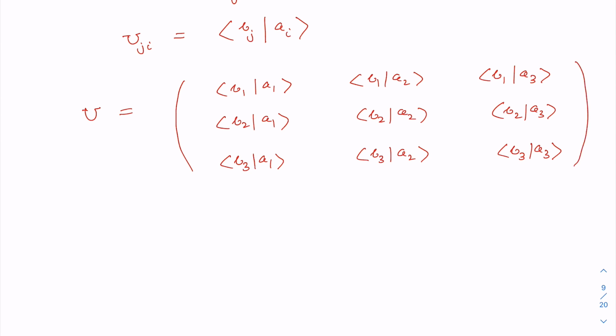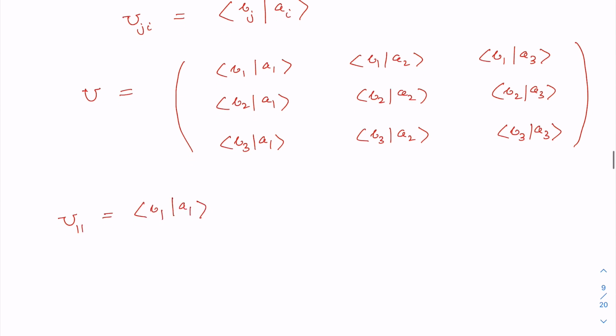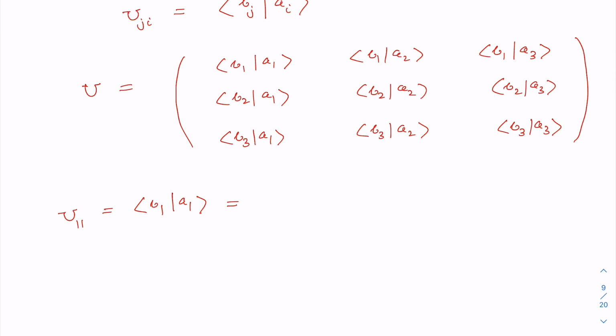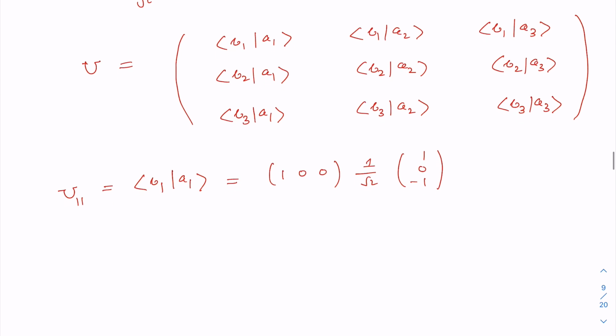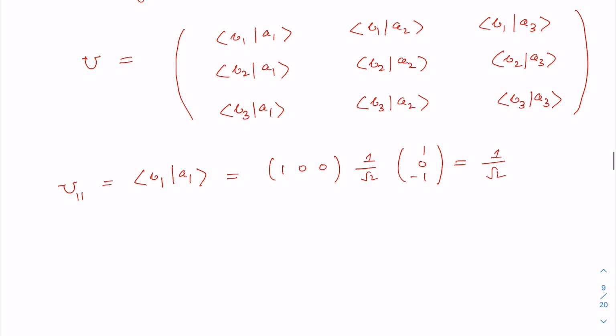So you have to find out all the elements. Let me write U11 is equal to B1A1. B1 is the row vector 1 0 0, and A1 is 1 by root 2 times 1 0 minus 1. If you do the maths, you are going to get 1 by root 2.